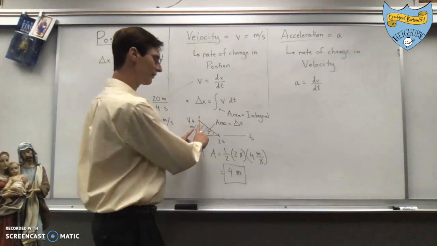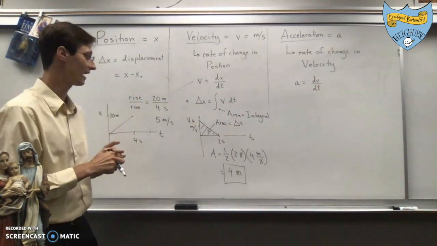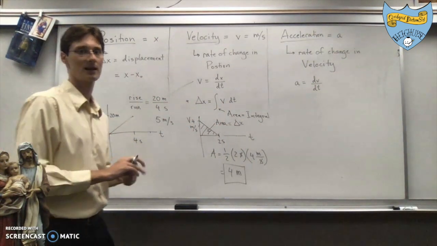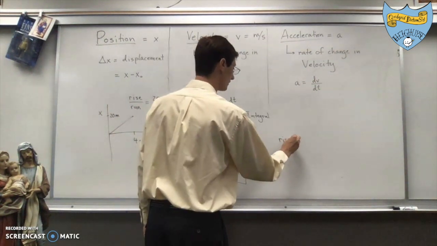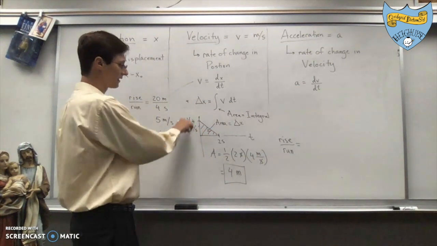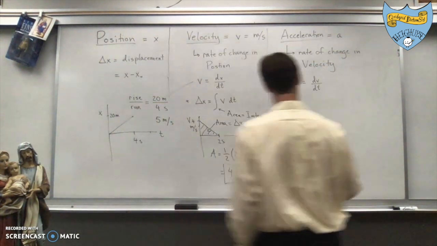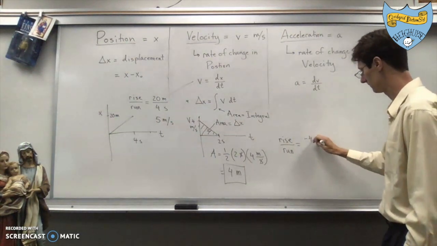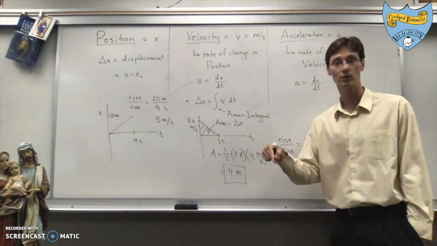All right, if we have the slope of this instead of the area, we can apply the same concept that we did over here, slope being rise over run. The rise in this case would be -4 meters per second. And the run is 2 seconds.